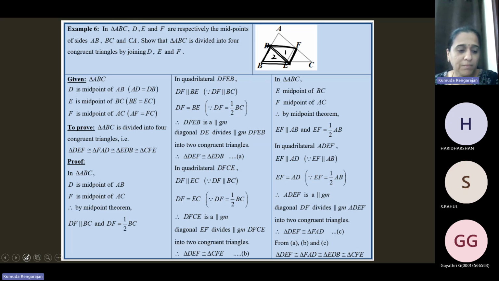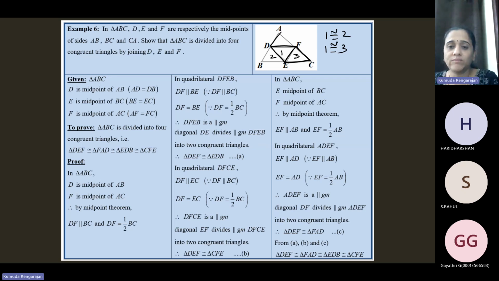In the same way, now that you've proved this is a parallelogram, the diagonal FE divides the parallelogram into two congruent triangles. So we already have 1 congruent to 2, and now 1 congruent to 3.